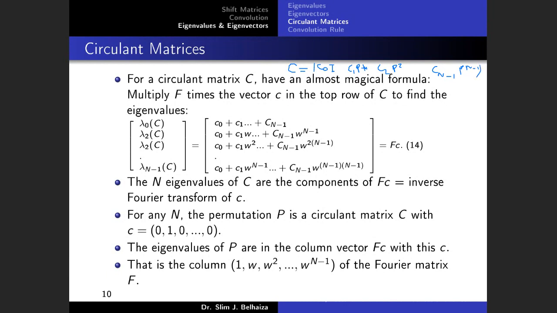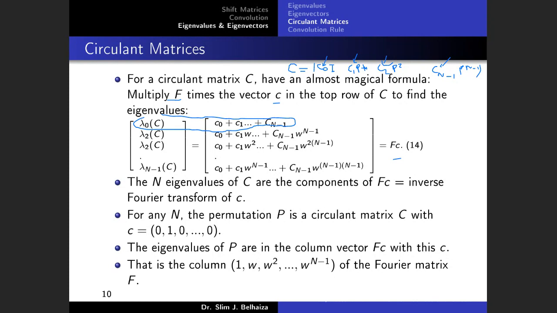For a circulant matrix, we have an almost magical formula. If you multiply F by the vector c, which we just chosen here, c0, c1, c2, up to c(n minus 1), the top row of C, you can find the eigenvalues. Each one of the eigenvalues of C corresponds to the result of the multiplication of F by c. So the first eigenvalue of the circulant matrix would be c0 plus the sum of all the coefficients.